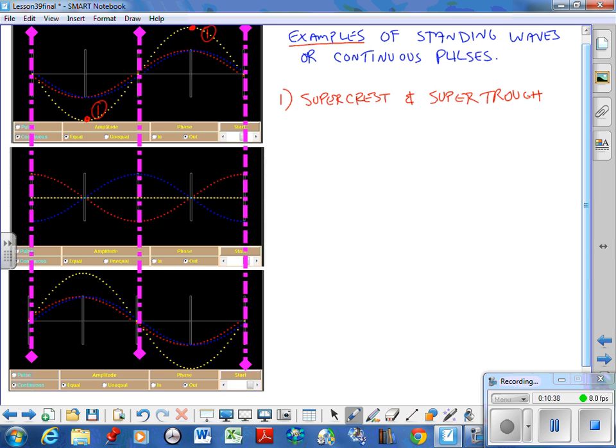All right. In the next sequence, you can see that the waves now are out of phase. So we have complete destructive interference. Okay. So in phase number two, we have complete destructive interference.